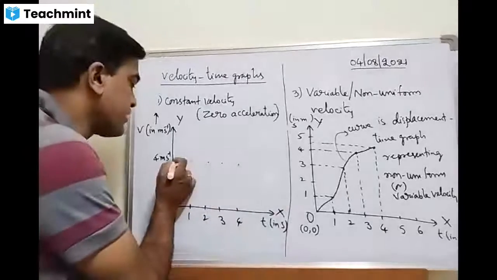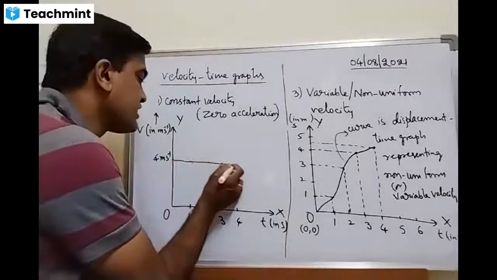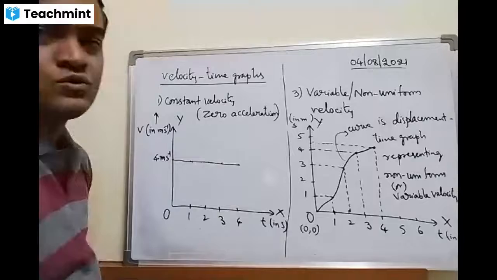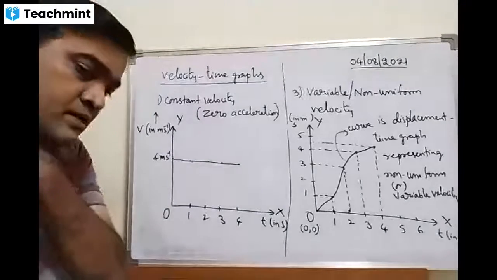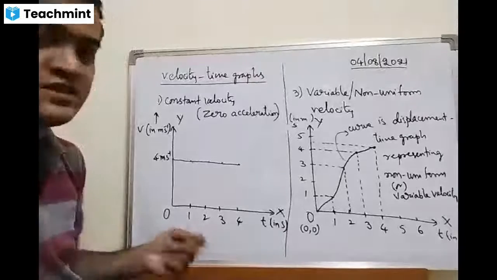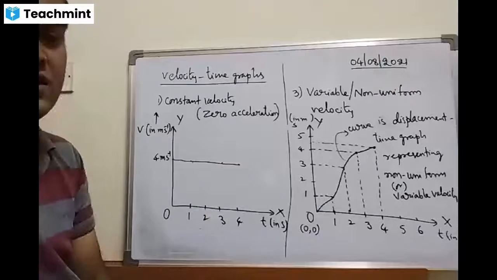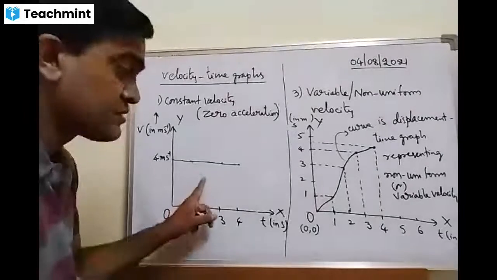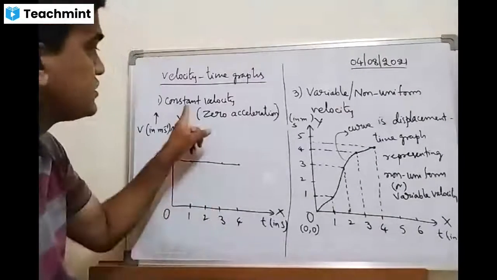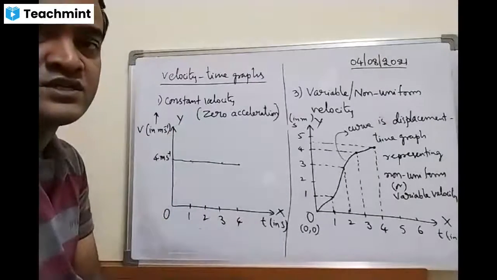If I join all the points, I will get a straight line parallel to time axis. So I can say that the nature of graph is a straight line parallel to time axis, which represents constant velocity. Velocity remains constant.